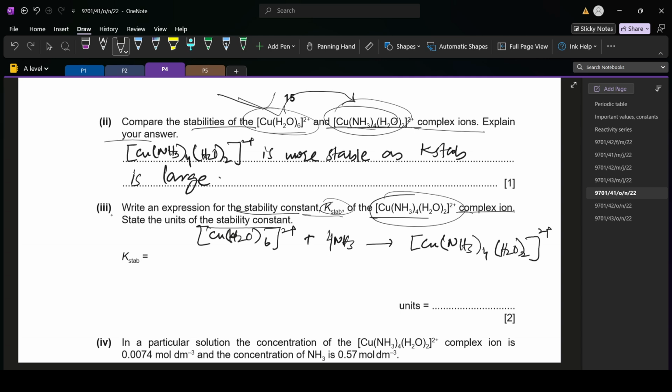K stability is the ratio of the concentration of products divided by the concentration of reactants. So the product is this.